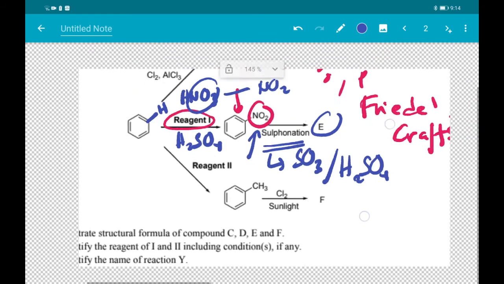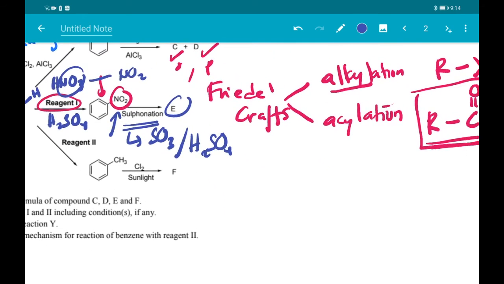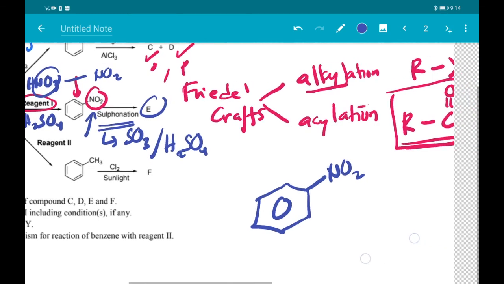Same as the previous question, in order to determine the position of the substituent, we need to first identify what kind of director is represented by the NO2.